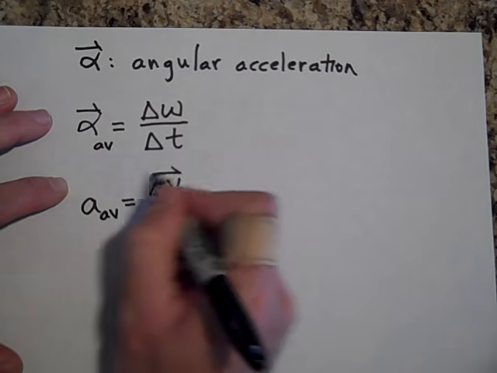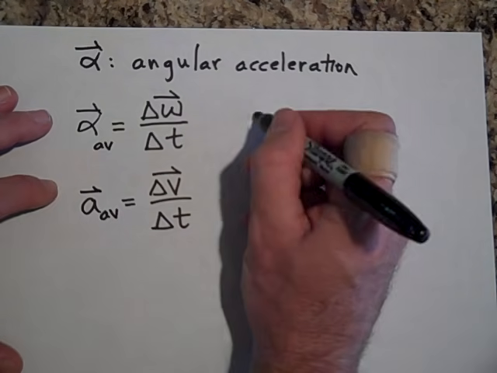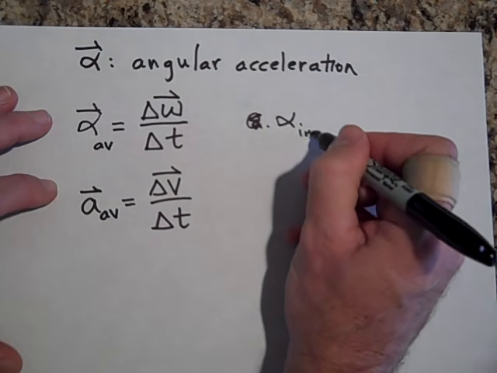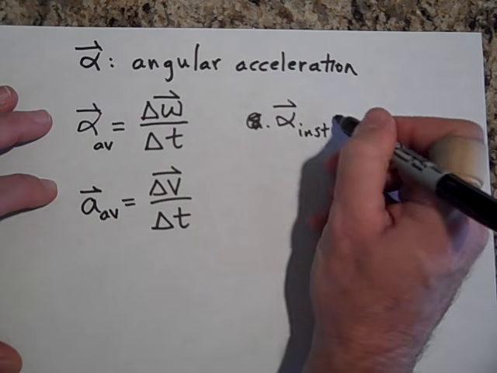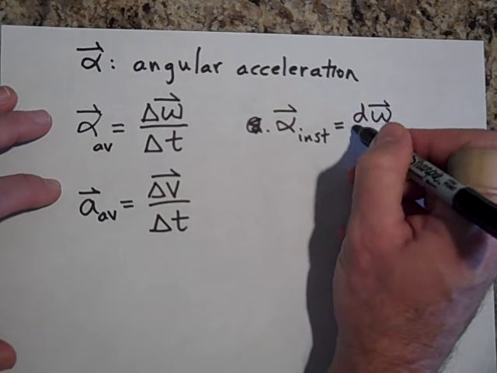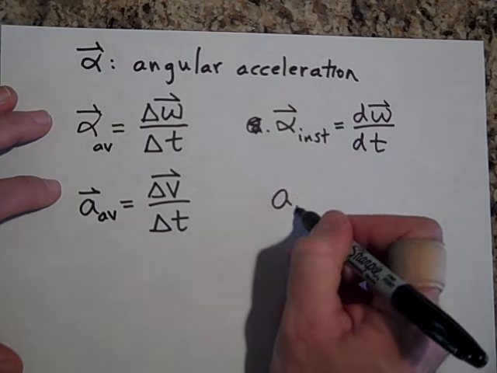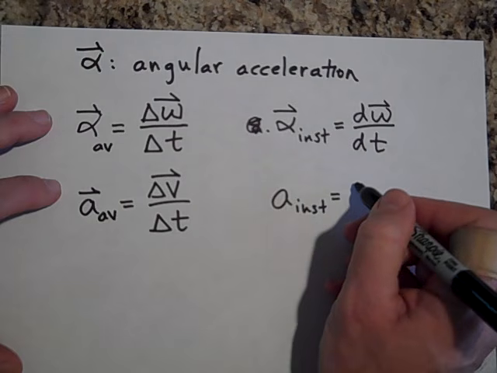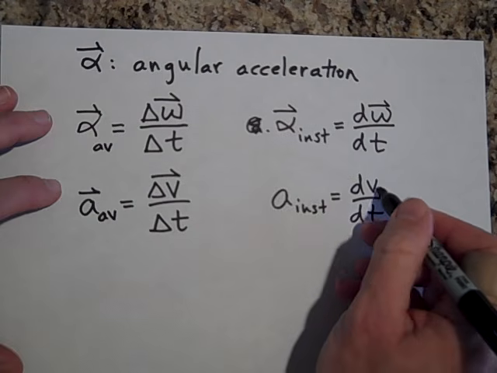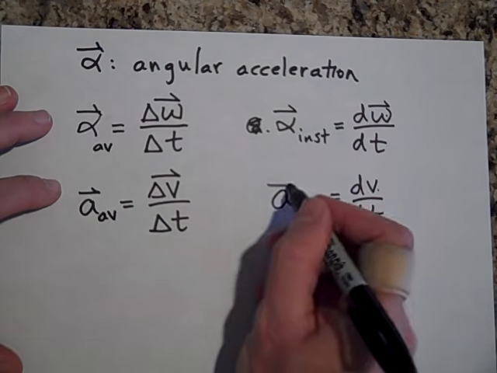Instantaneous angular acceleration is d omega over dt, just like a instantaneous was dv over dt, the derivative of v with respect to time. This is the derivative of omega with respect to time.